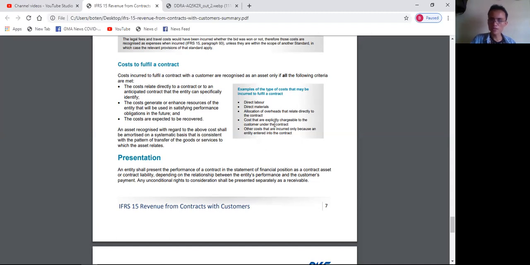And then those that are explicitly chargeable to the customers, so we are able to really recover them, or we will be recovering them. And those incremental costs which are directly attributable to the contract.